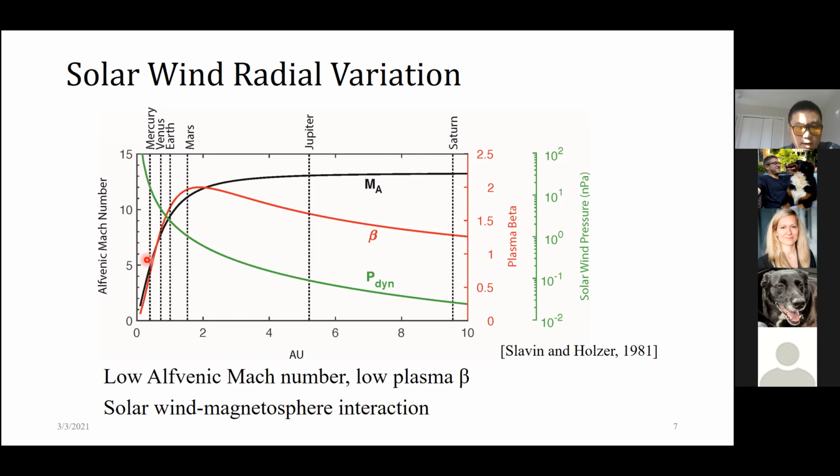And the solar wind plasma beta and also the Alfvénic Mach number are only around half of the values near Earth's orbit. So it's really a great place to investigate how the low Alfvénic Mach number and the low solar wind plasma beta influence the dayside magnetopause reconnection and then influence the solar wind magnetosphere interactions.